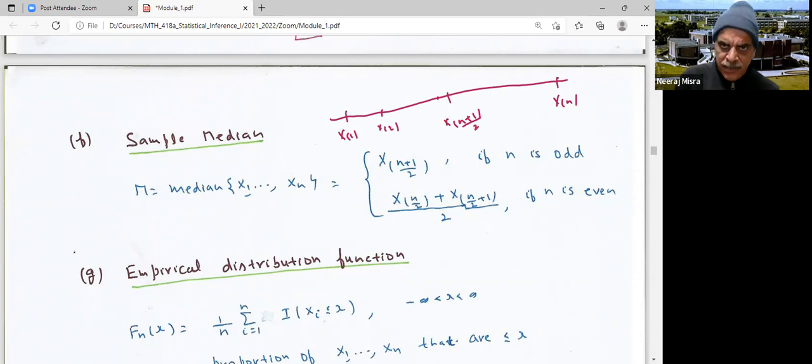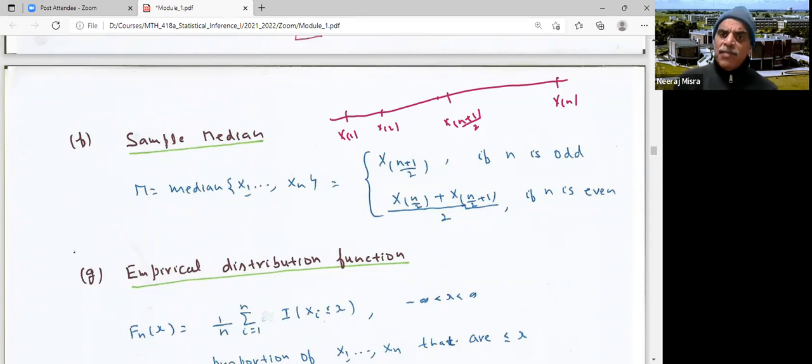Then you can get the unique middle one. That is the sample median. Now, if n is even, there may be two middle observations, x_(n/2) and x_(n/2+1). Note that when n is odd, n plus 1 is even, so (n+1)/2 is a natural number, and this order statistic makes sense.